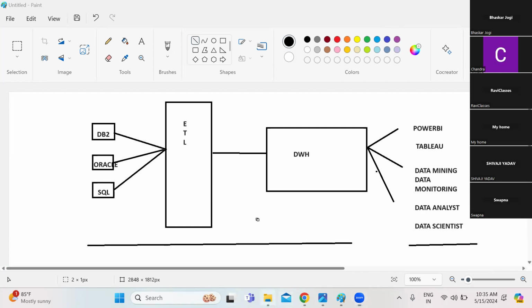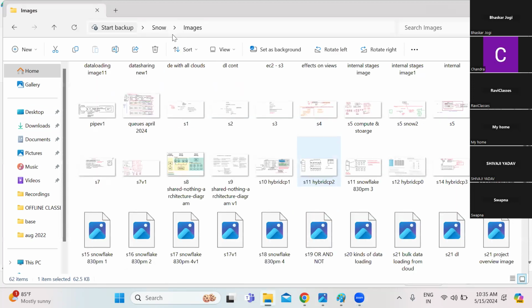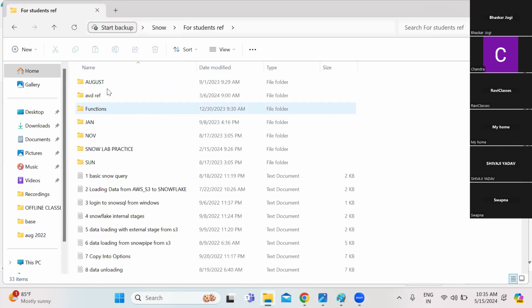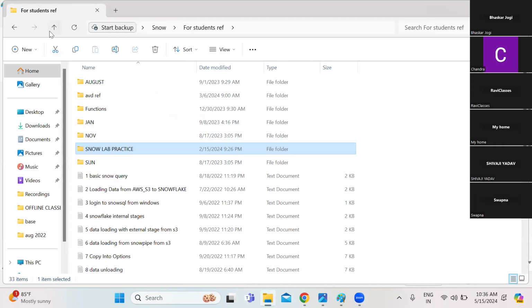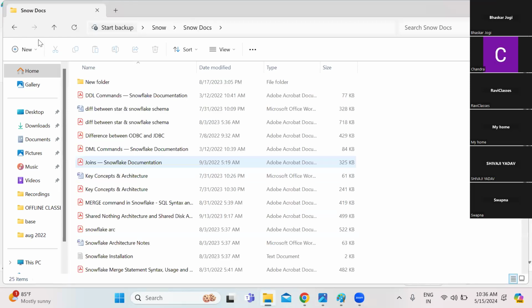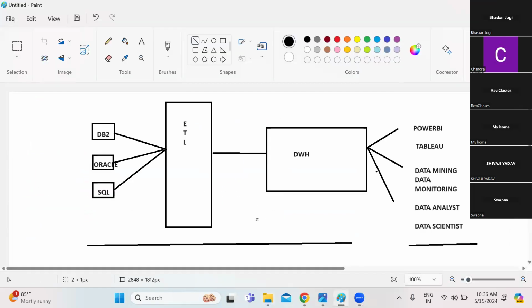This is our content. All these images, the Snowflake lab practice, the PPTs, and some documents to learn more, I will share. Don't worry about it.